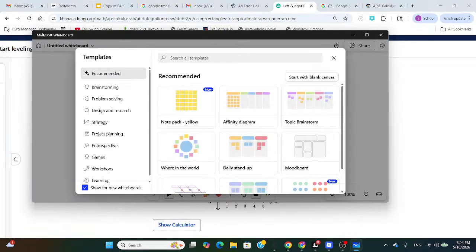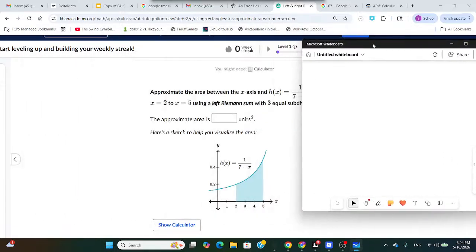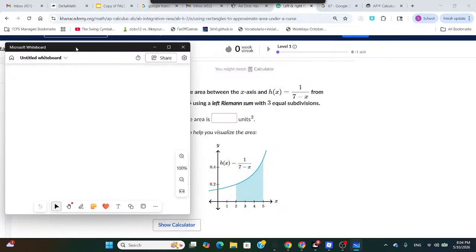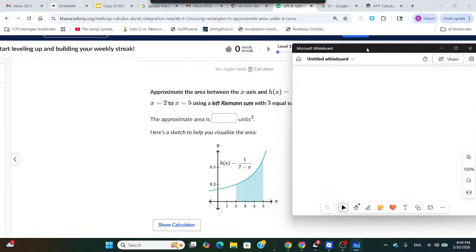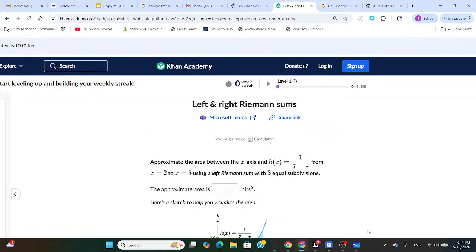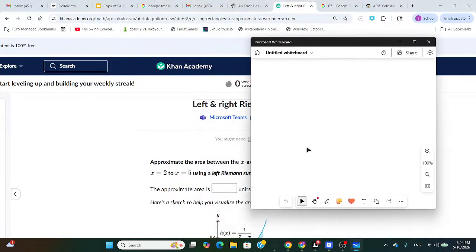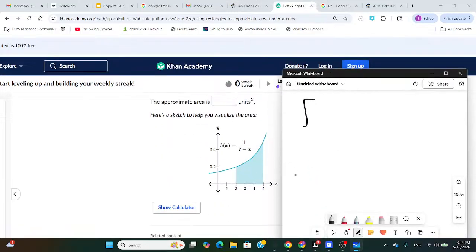Let's go, chat. I am actually locked in, bro. How do I make this smaller? You can't. Okay, so I think the basic idea is you do this, 2 to 5 of h of x.